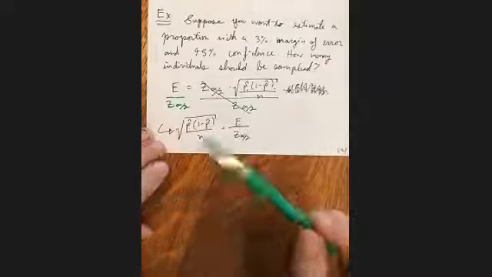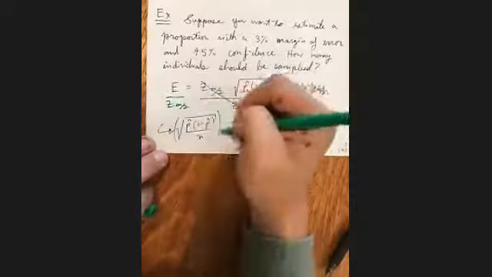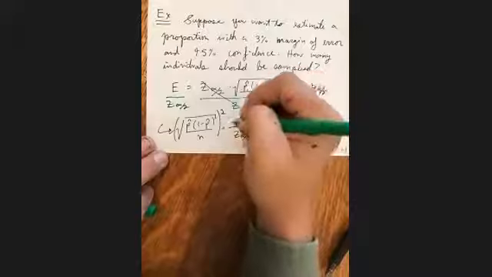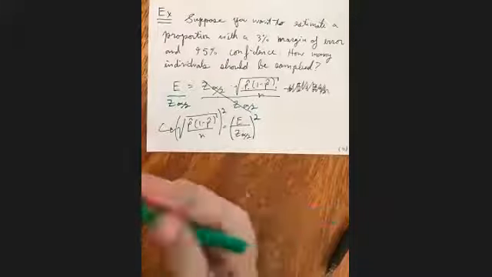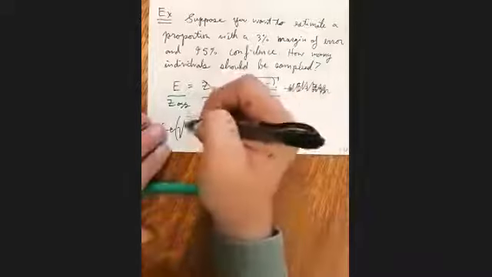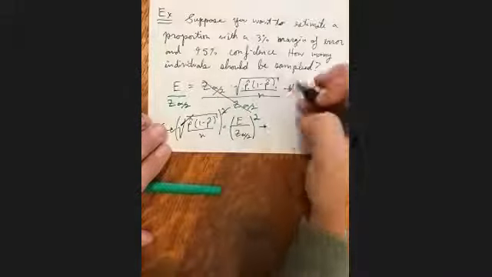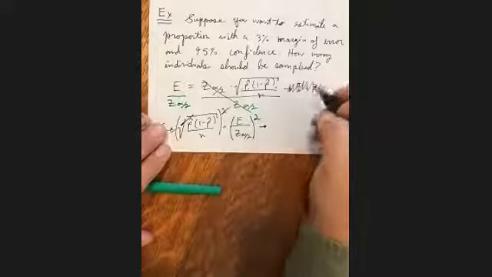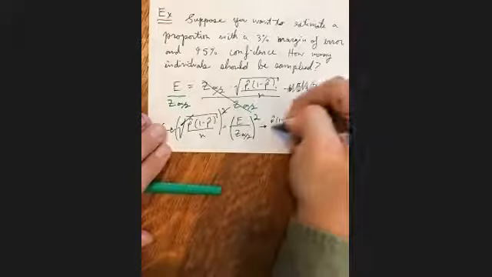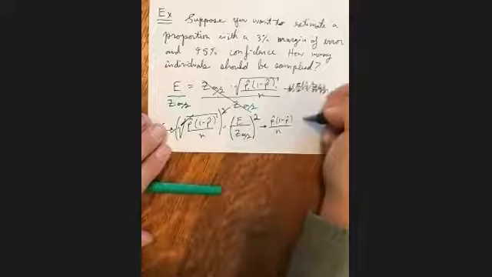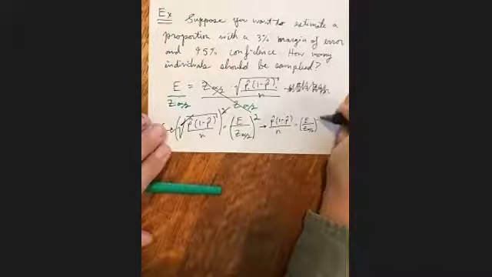Then we're trying to get the n out of the square root, so we're going to square both sides. That will kill the square root.